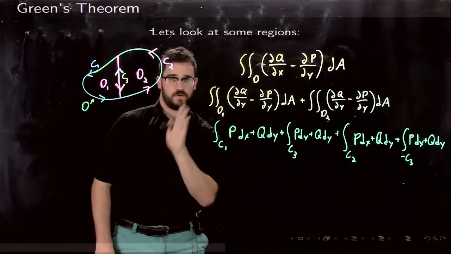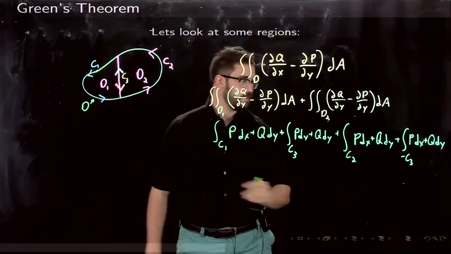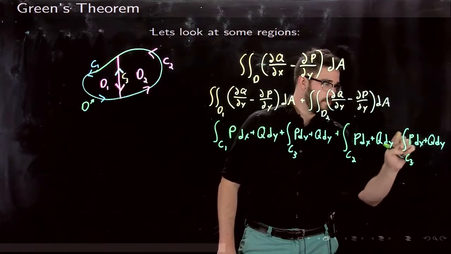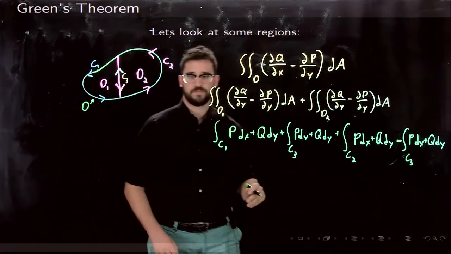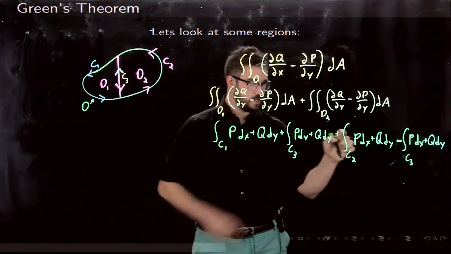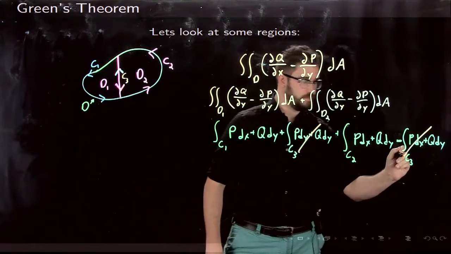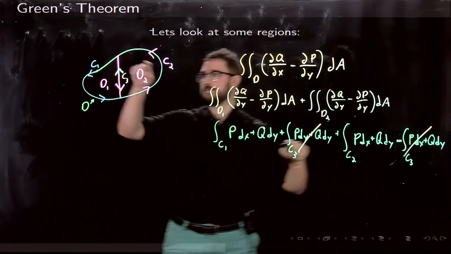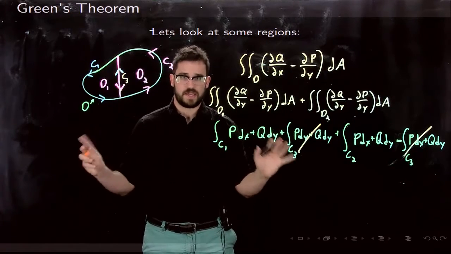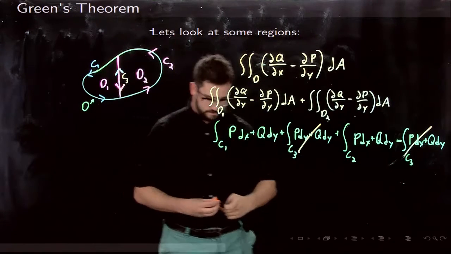The line integral along the negative path is the same as going on the positive path and switching this integral to a negative. Now we see cancellation here. We can cross out this integral, and we should get what we expected from Green's theorem, as if we didn't break it apart.